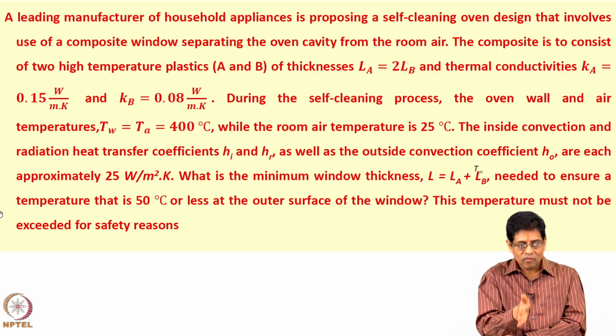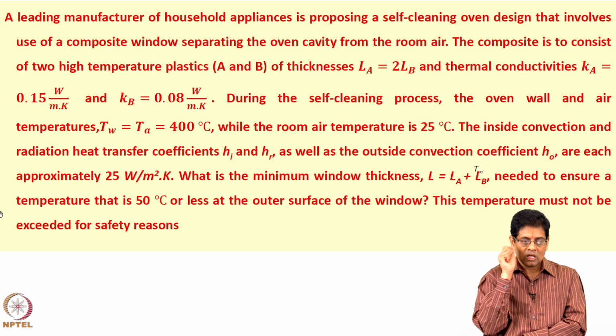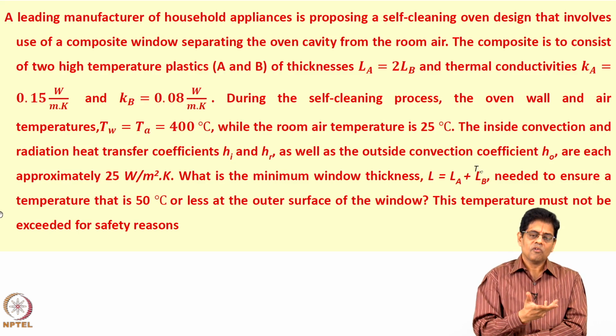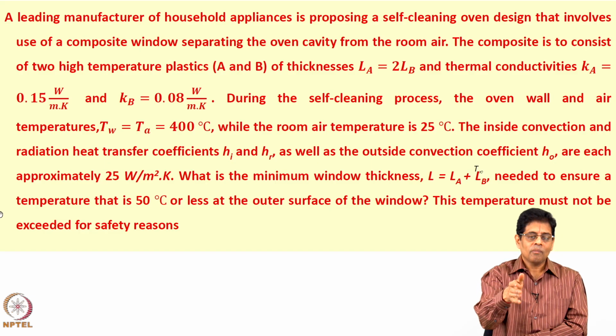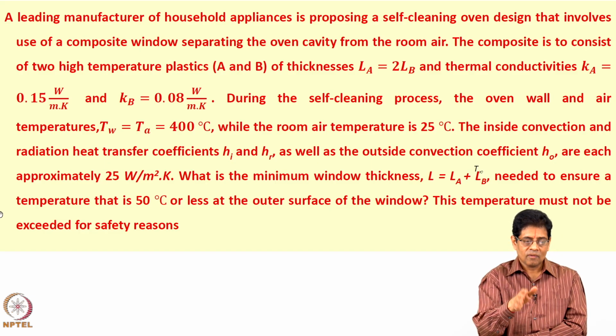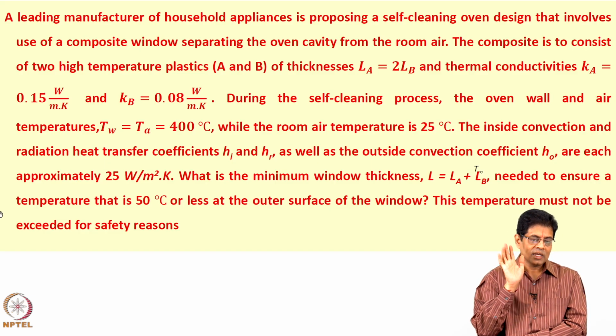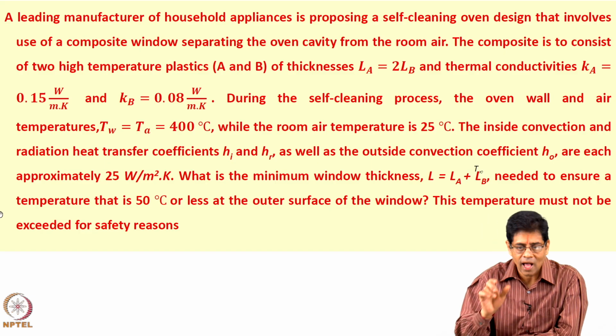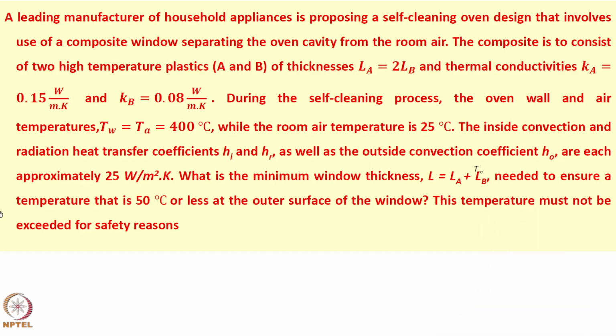The outside of the glass, that if you touch, it should not be more than 50 degrees for safety reason. Otherwise, even if you touch the door of the oven, you will burn your hands. So, that is not something which is advisable. So, 50 degrees is the upper limit. So, you are asked to find the minimum window thickness for the same.